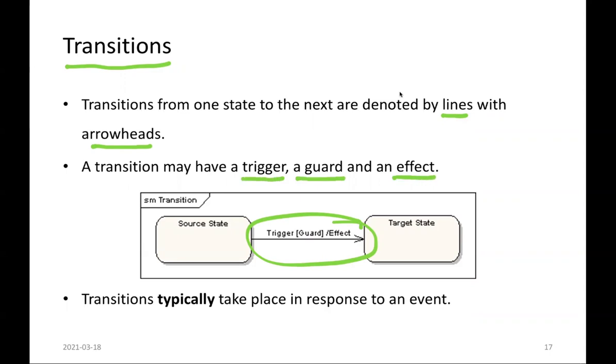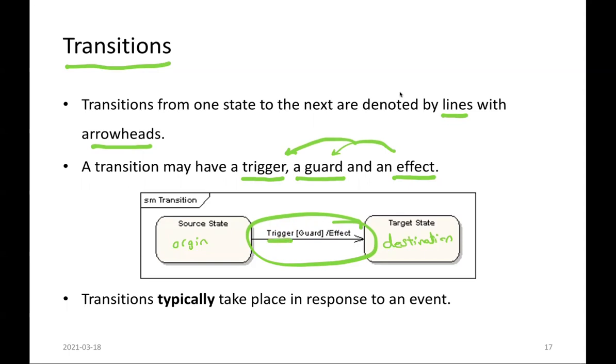Transitions normally happen between the origin state, or source state, and the destination state. When we describe a transition, keep in mind we have to describe it based on those 3 elements: the trigger, the guard, and the effect of the transition. As for the syntax of writing a transition, we always start by writing the trigger.